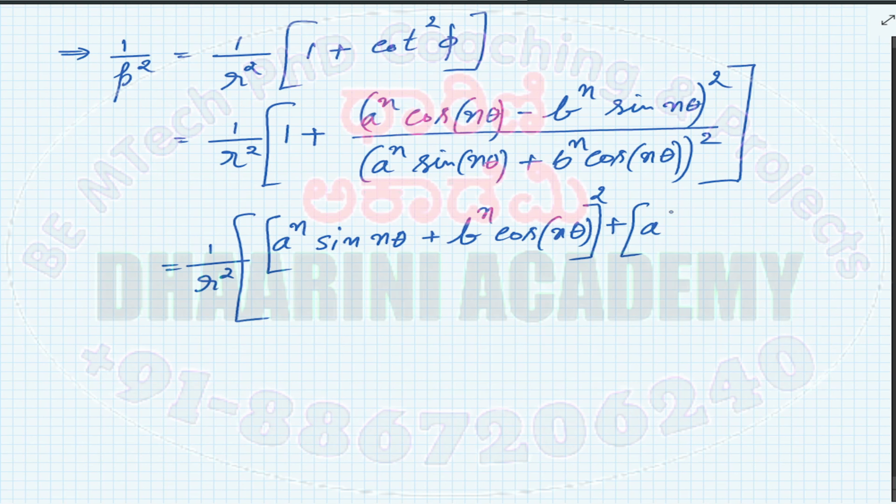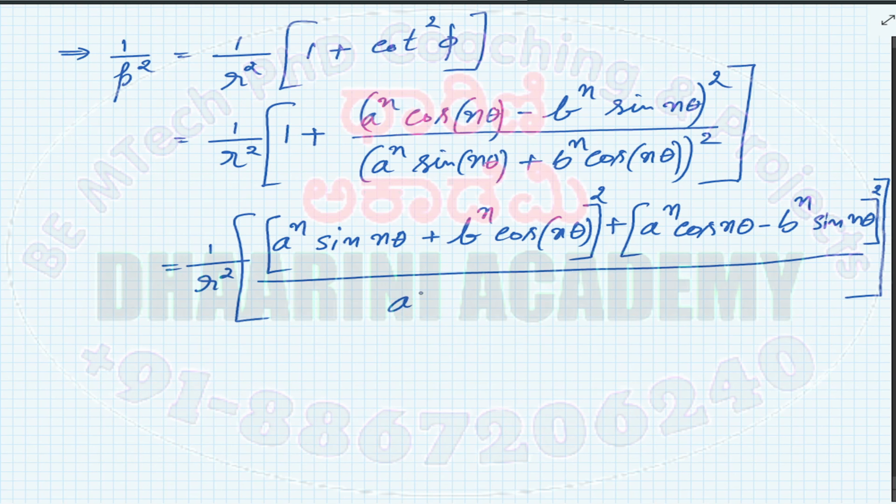I'll write that once again, a to the n cos n theta minus b to the n sine n theta, this term square, and this is the closing of the bracket, whole divided by the denominator, that is a to the n sine n theta plus b to the n cos n theta, the whole square.